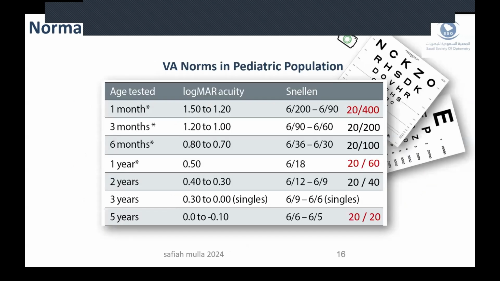This is the visual acuity norms in pediatric populations. In the first month, it's supposed to be 20/400 or 20/200. At the age of 1 year, they're supposed to reach 20/60, and around 5 years old, they almost reach the adult level of visual acuity, which is 20/20.